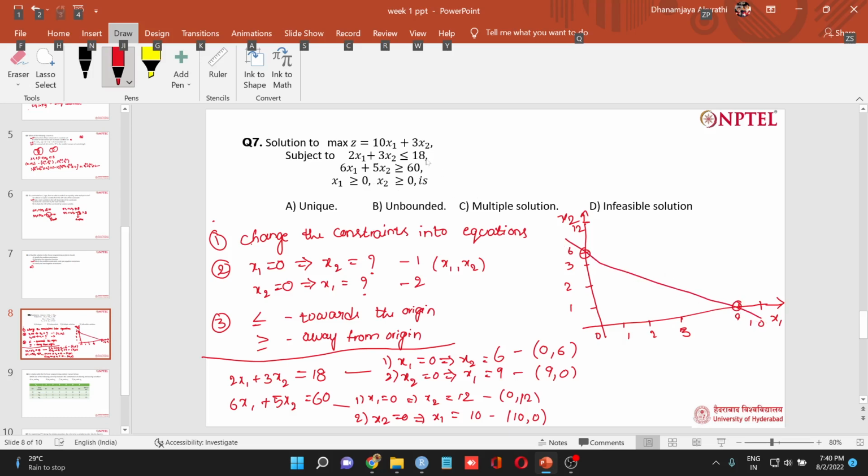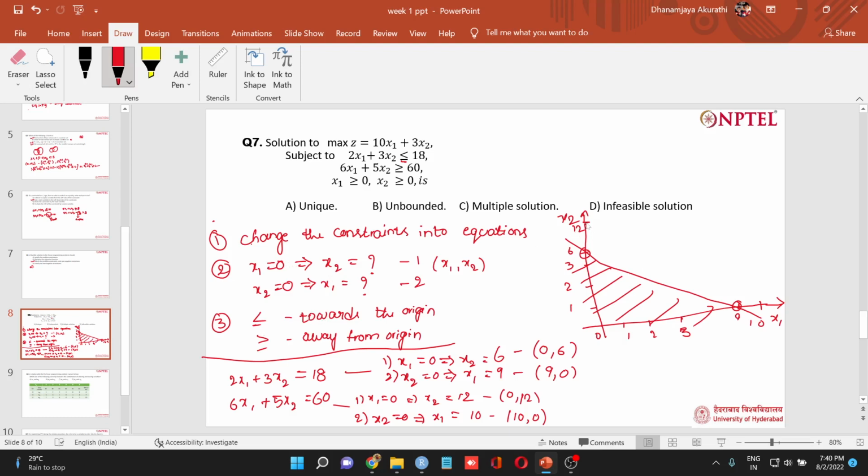In the first equation the constraint is less than or equal to, so we shade towards the origin. As I told you, for a less than or equal to constraint, shade towards the origin.